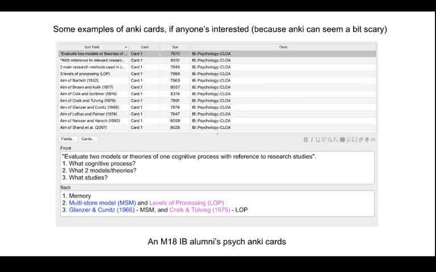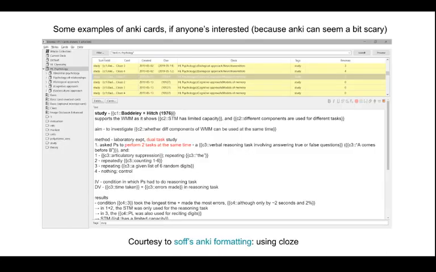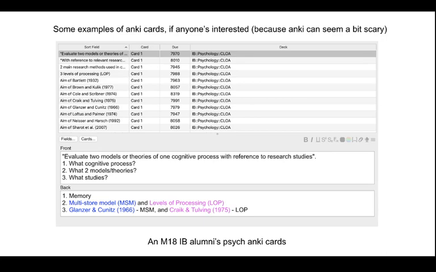So here are some examples of how people approach Anki cards if you want to try. Personally, because I'm also kind of lazy, I want to do things as effectively as possible. I did something similar to Soft's Anki formatting like this. I guess it would be more ideal to do it this way: break all the detailed chunks into small pieces, and then also have cards to link them back together.